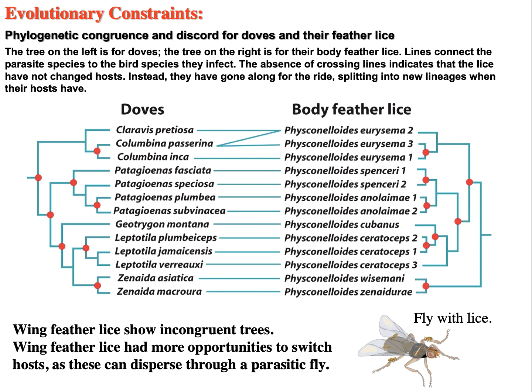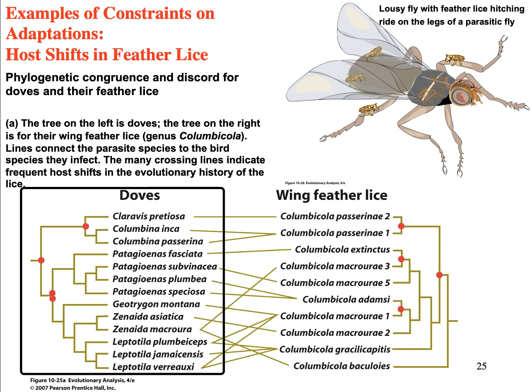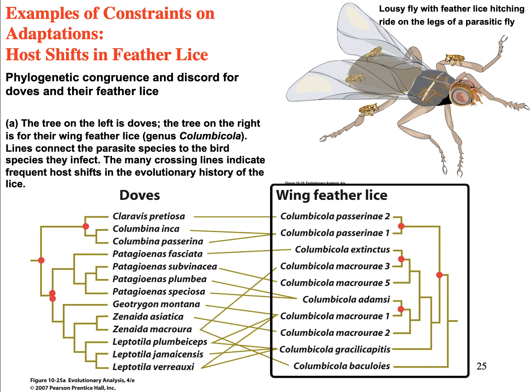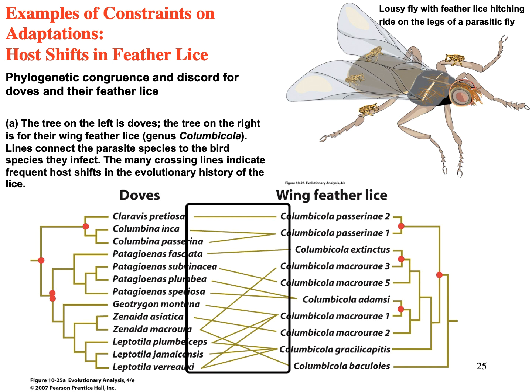up above. Here's what would happen if there were incongruence, that is, if there were no evolutionary constraints on where the lice could live. You have the doves on the left-hand side and the phylogenetic tree for the wing lice, and you can see that they seem to be associated with one or more species, and that the evolutionary patterns are very different, so there's incongruence in this case.